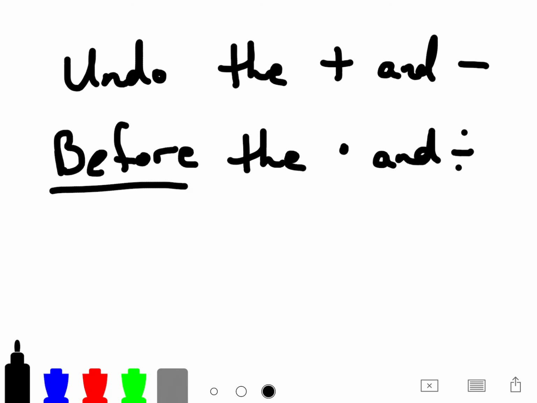And you can go back through our example problems and see that we did undo the addition and subtraction. We did our inverse operations on the addition and subtraction before we did our inverse operations on the multiplication and division.